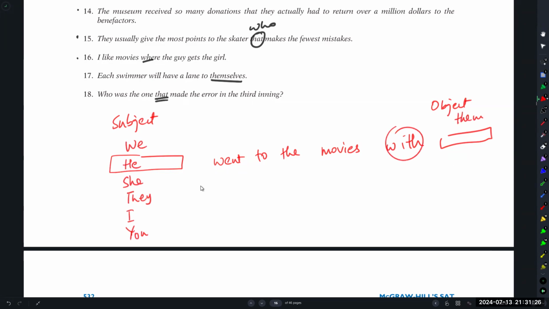We went to the movies with her, with him. They went to the movies with us. I went to the movies with you.